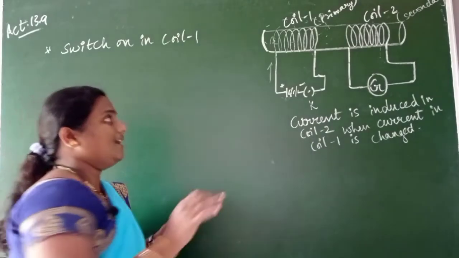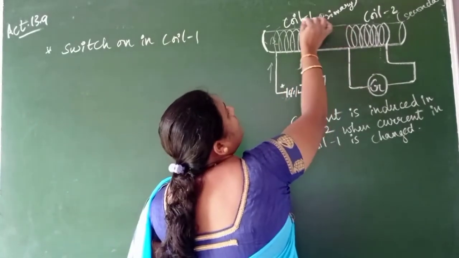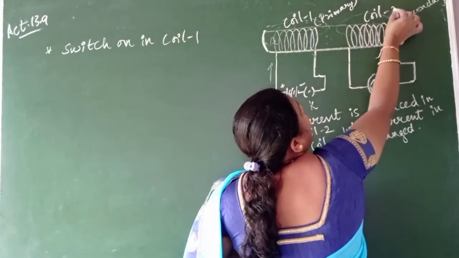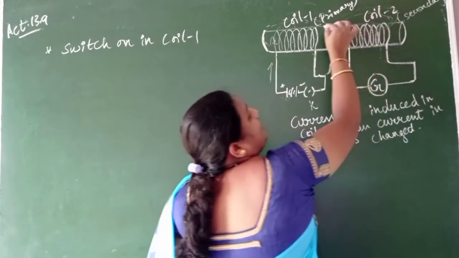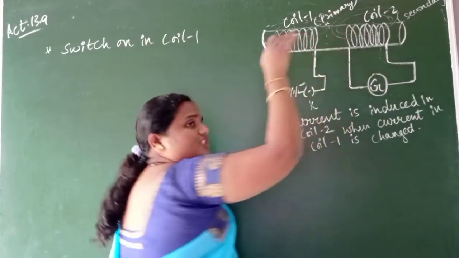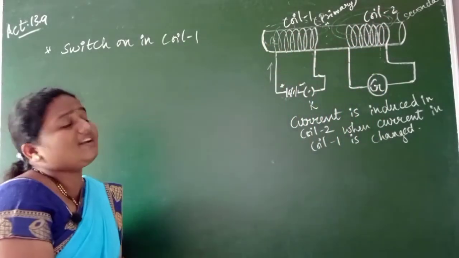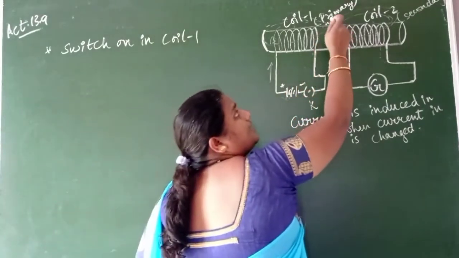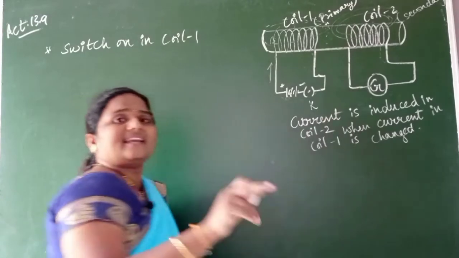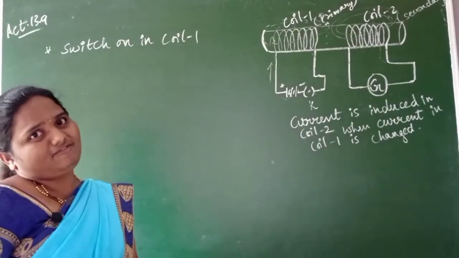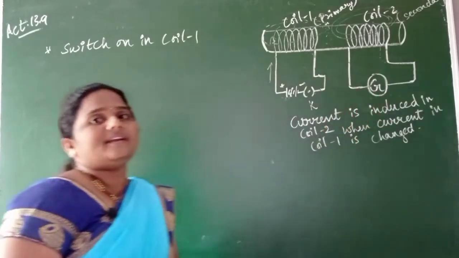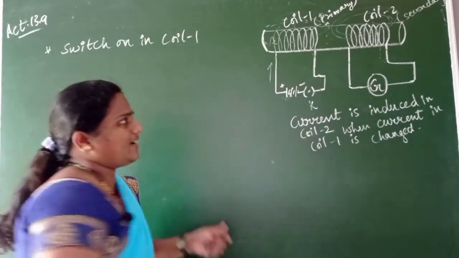Not understood, children? Okay, I'll say: around the first coil there are magnetic field lines. When the magnetic field lines of the first coil change, it makes a change in the magnetic field of the second one, isn't it, children? Because of that, the galvanometer has shown deflection.